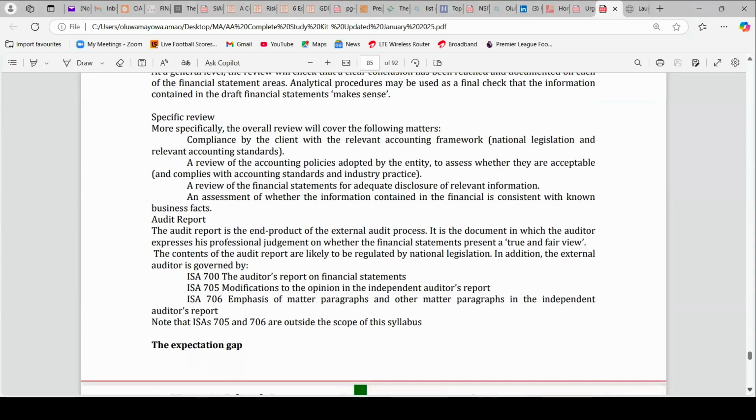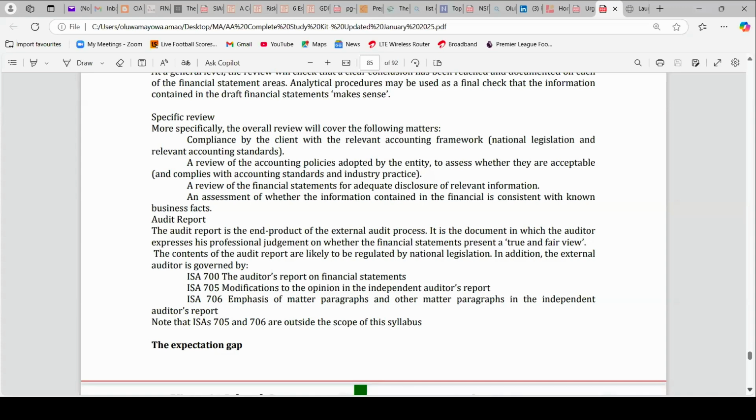There are 4 standards when it comes to the audit report. The first one is ISA 700, the audit report on financial statements. The second one is ISA 701, key audit matters in the independent audit report. The third one is ISA 705, modification to the opinion in the independent audit report.